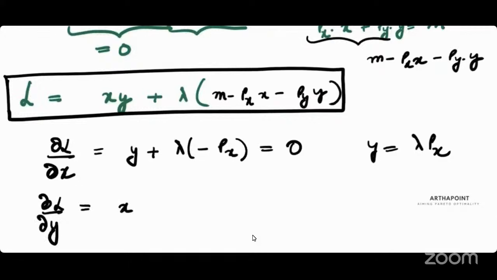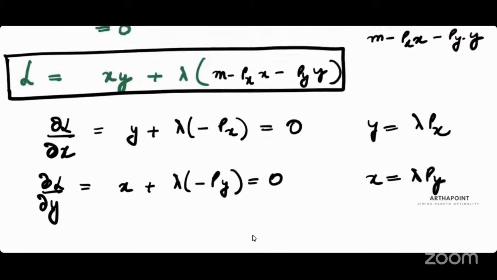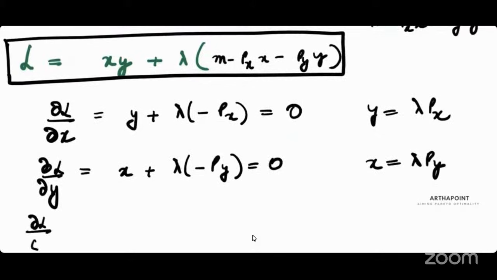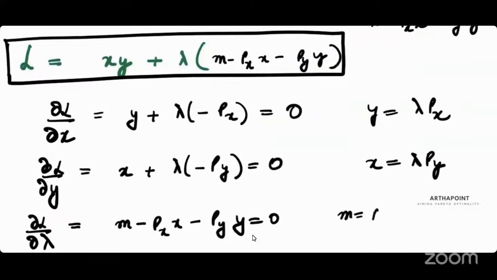So you will get x plus lambda minus py equal to 0, which means x is equal to lambda py. You differentiate this Lagrange with respect to the Lagrange multiplier, which is lambda. So you will get m minus px into x minus py into y equal to 0, which means you will get M is equal to Px into X plus Py into Y.